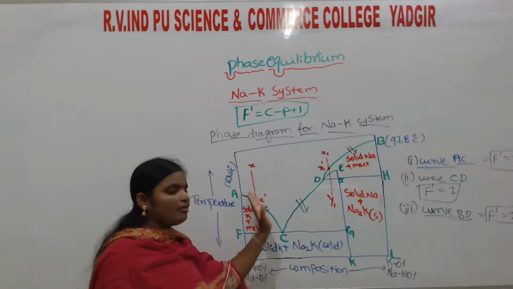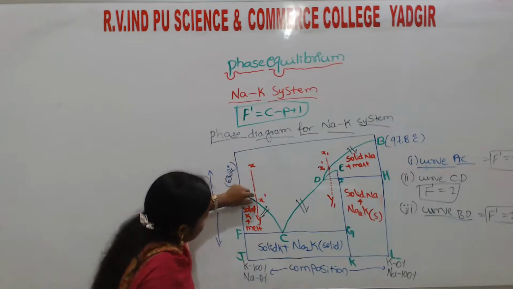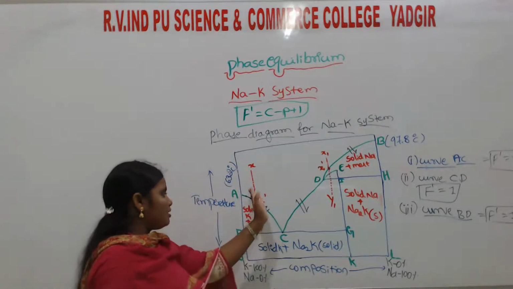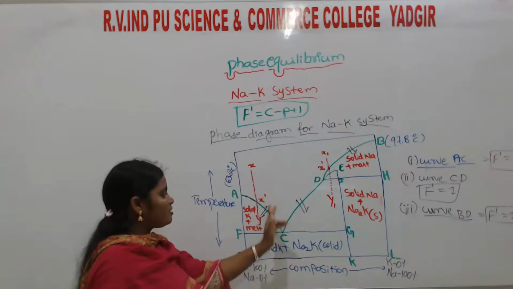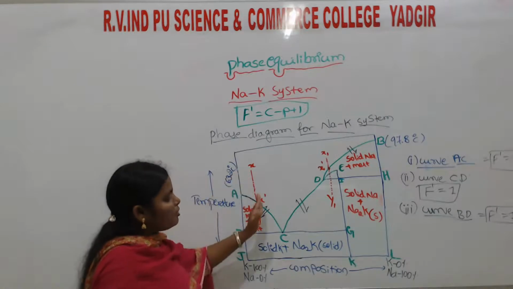If the path were going along this direction, it would follow xy, but the path is x dash c, because the composition is changing.